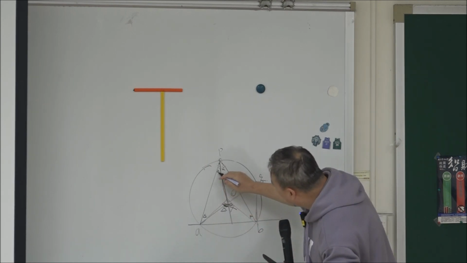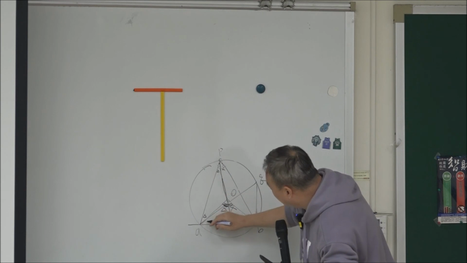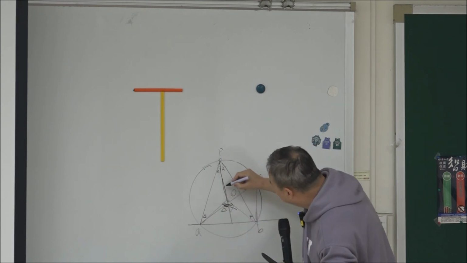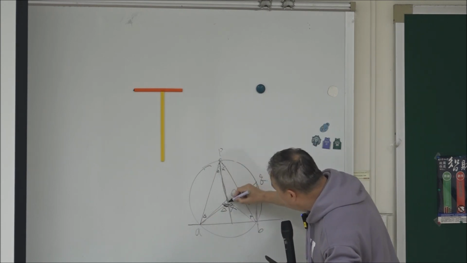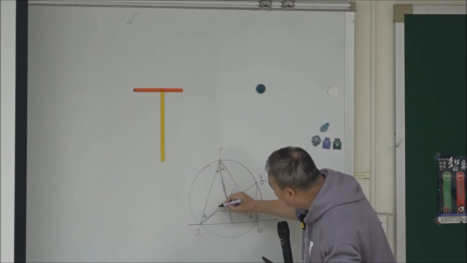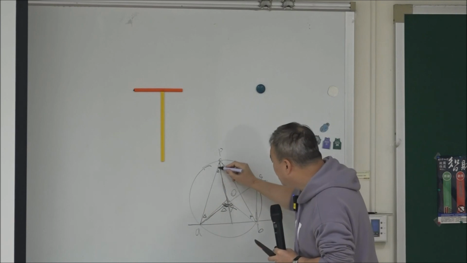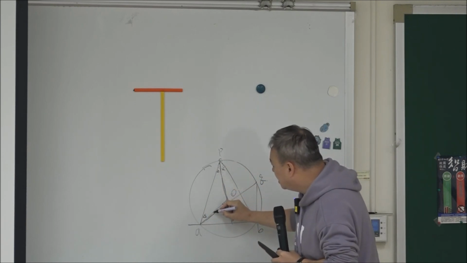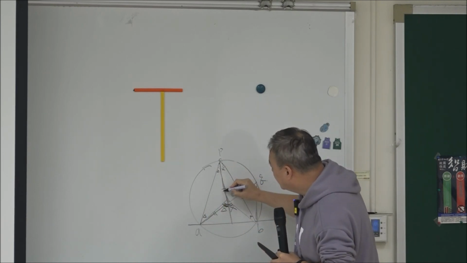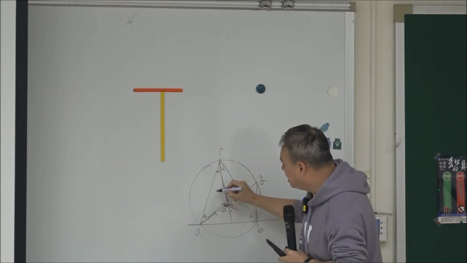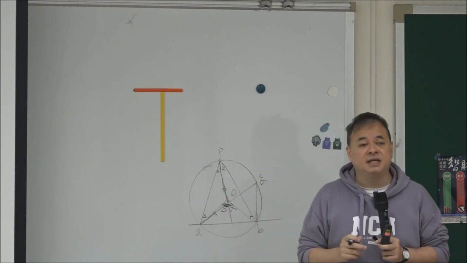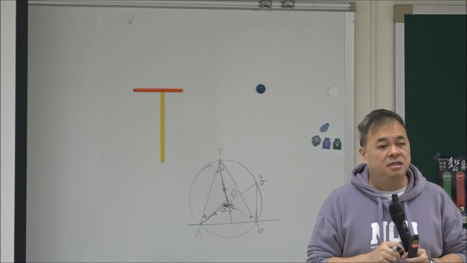The reason I say it's two small angles is that this line and this line have the same length. So for this triangle, these two angles are the same. 等腰三角形.